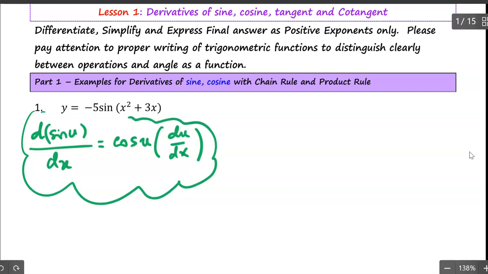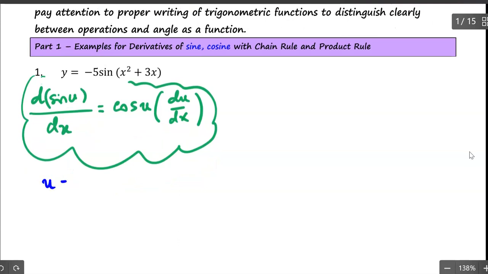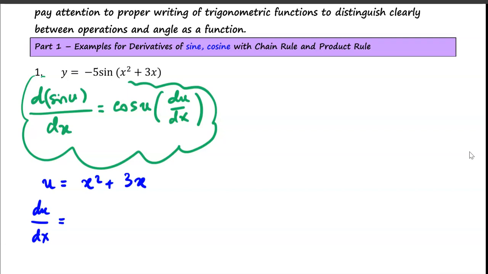In this case, your u is in fact equal to x squared plus 3x. Then you are going to find the derivative of u as a function of x. We've done this before, so this is very simple. The derivative of x squared is 2x, and the derivative of 3x is just 3. All you have to do is substitute what you have into the formulas.